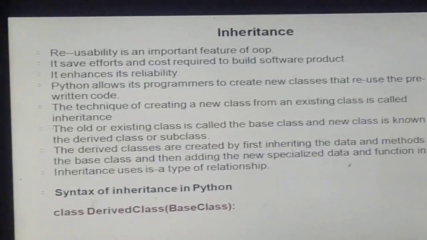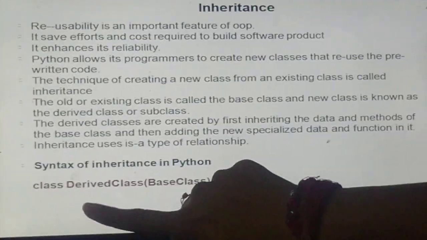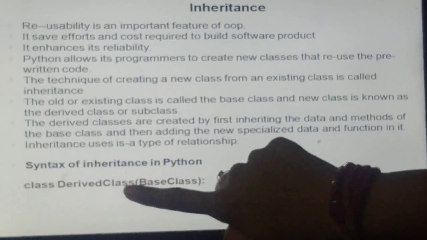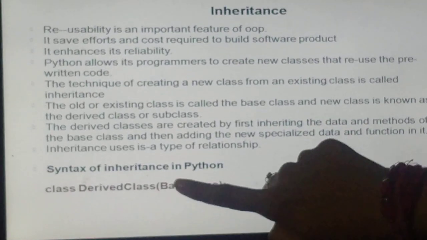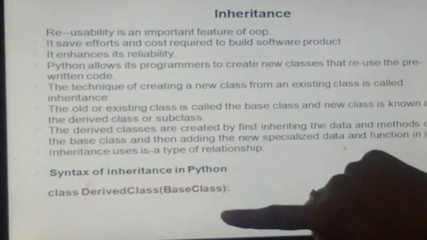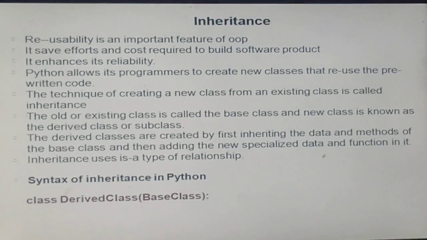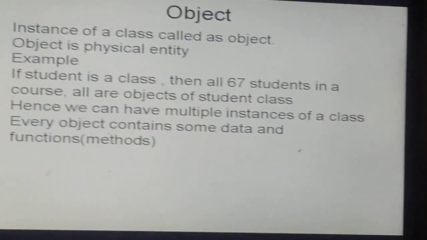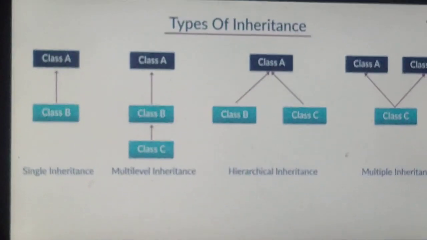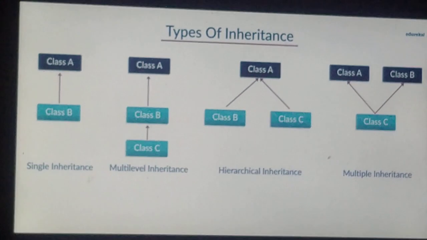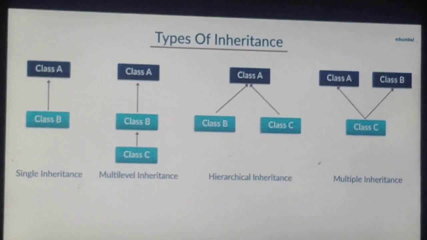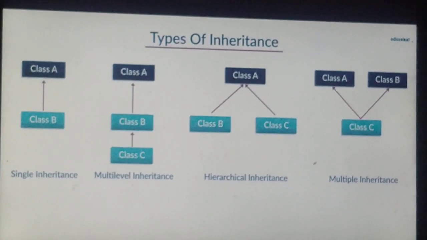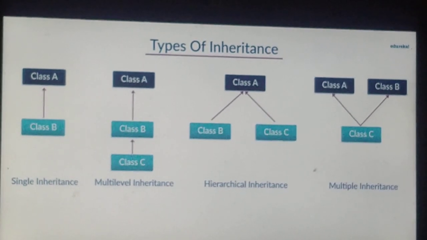This is the basic syntax of inheritance. In the class statement, you need to define the derived class name, and in the brackets you need to define the base class from which you are inheriting the properties and methods. There are basically four types of inheritance in object oriented programming: single inheritance, multiple inheritance, multi-level inheritance, and hierarchical inheritance.